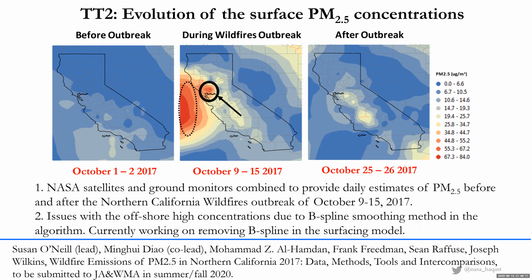This could be caused either by real high PM2.5 offshore, or it can also be caused by the different smoothing method that we have that generates arbitrarily higher values. So still, I want to point out that even with the most up-to-date satellite data, there's still a lot of work left to be resolved to provide even higher accuracy in the PM2.5 data.